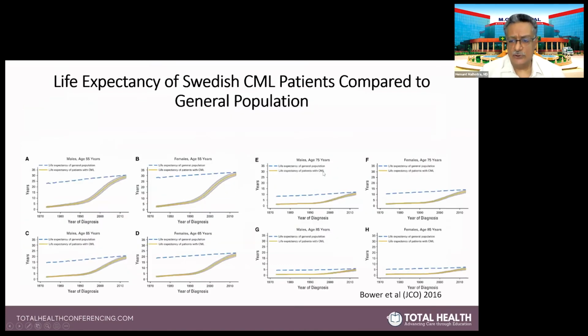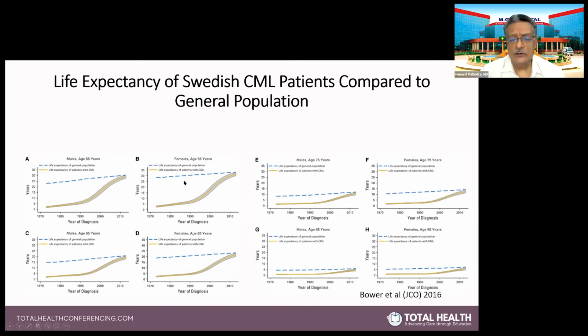And just to show you the details of this study published in the JCO, whether you have a male patient of 55 years or a female patient, this is the life expectancy, the dotted blue line, of patients in the general population, and this is the life expectancy of patients with chronic myeloid leukemia. And since 2010, this has come together.